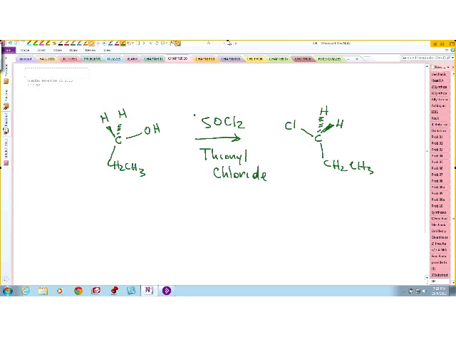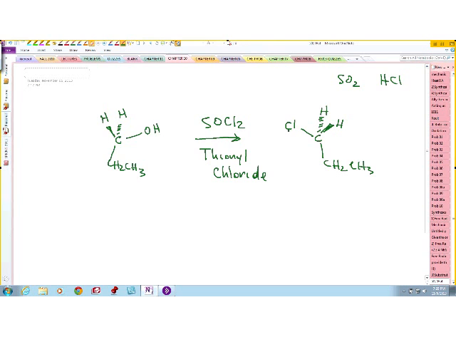So what does this reagent do? This reagent will replace an OH group with a chlorine atom. Of course, somewhere here you also form sulfur dioxide and HCl. When we go through the reaction mechanism, you see how those are formed.